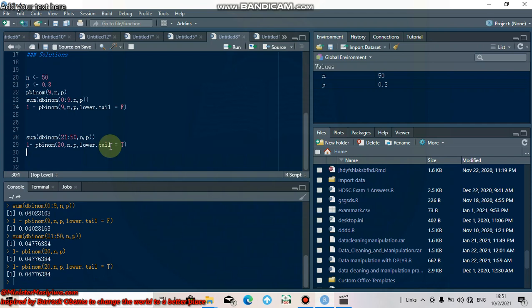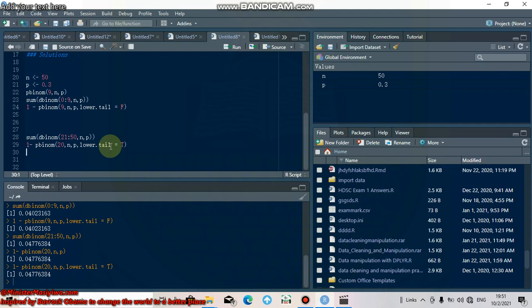Writing lower.tail equal to true and not writing it is the same, because we said by default the pbinom function has lower.tail equal to true.